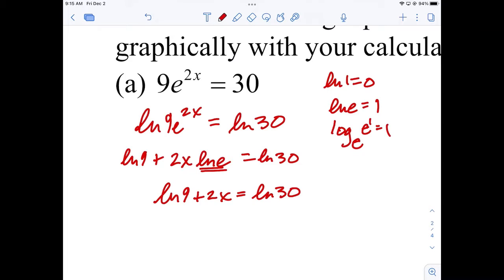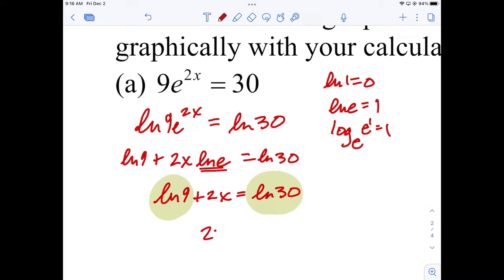Now here's what you're going to notice as you work through these problems, you're going to have a lot of constants that are just numbers, but they're in terms of natural log. Don't worry about what those are equal to. Just know that they're constants. So I need to solve this algebra 1 linear equation by getting the variable by itself.